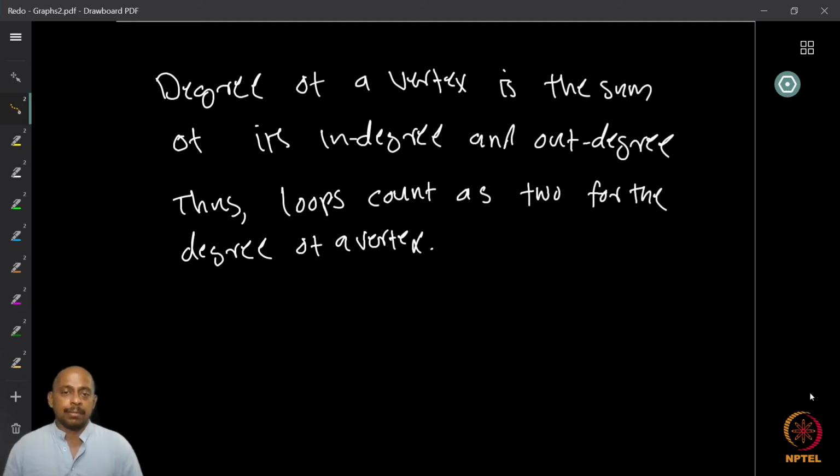So therefore, one can talk about the underlying graph of a digraph. Then the loops usually count for 2 for the degree of a vertex, because the in degree is there and the out degree is there. And for the undirected case also, most of the time we will do that.